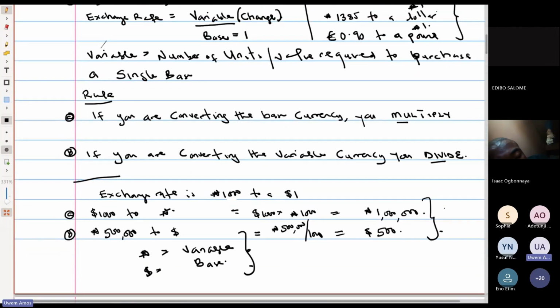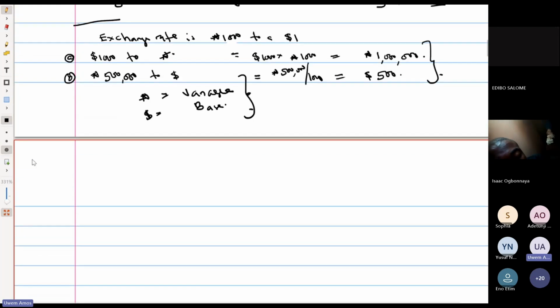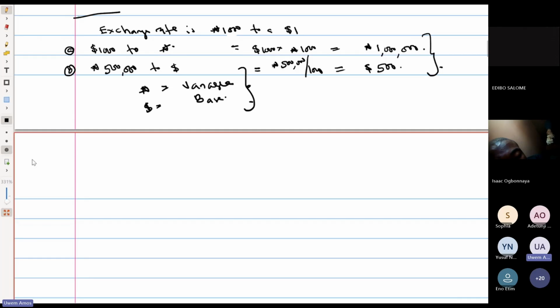Now, another principle that you need to understand, which we're going to just touch on the part that's applicable to this question, and we're going to do that when we get to our question, is the principle of currency projection. Projecting or forecasting, possibly the most appropriate word would be forecasting.